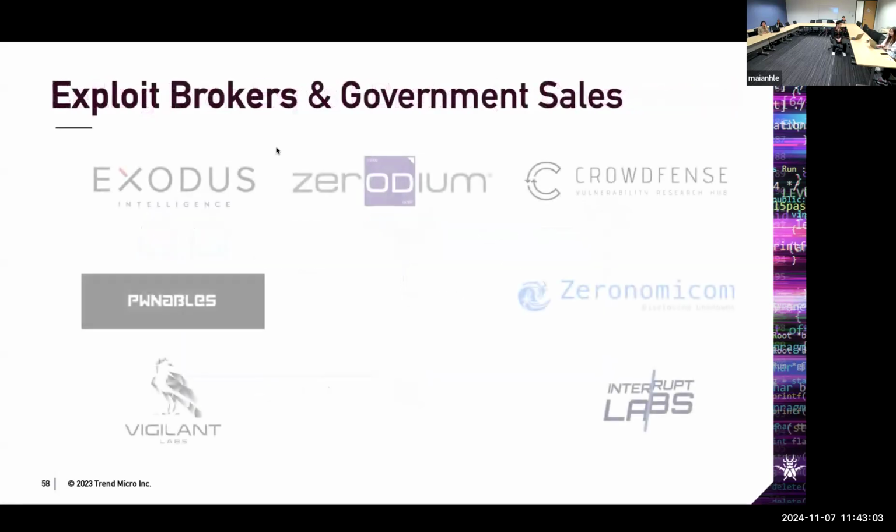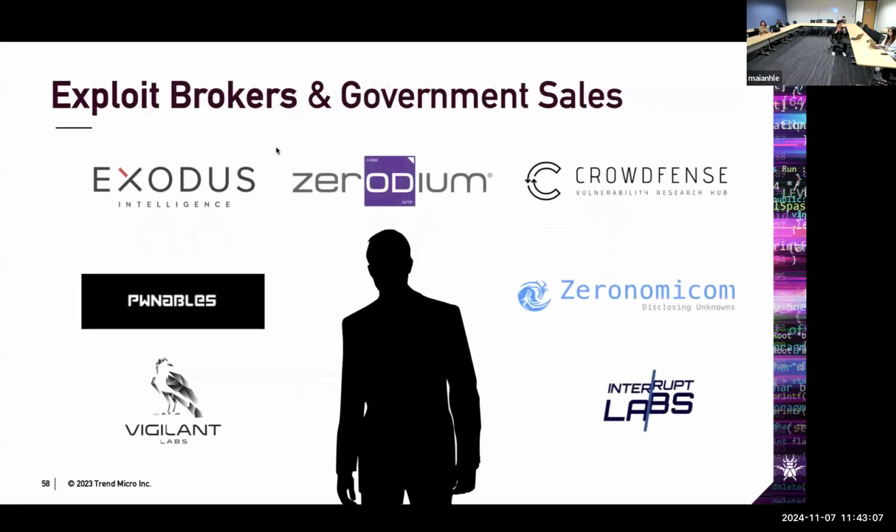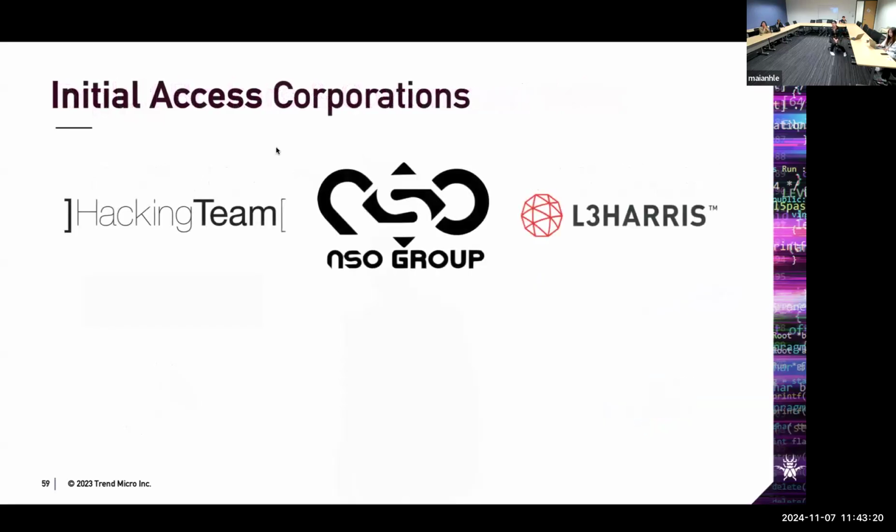So who are these exploit brokers? These are some names that exist, but when you sell to exploit brokers, you don't really know where you're selling your bugs to or who you're selling the bugs to. And I want to talk about initial access corporations. These are other teams or companies out there that sell initial access to people who will pay the money.